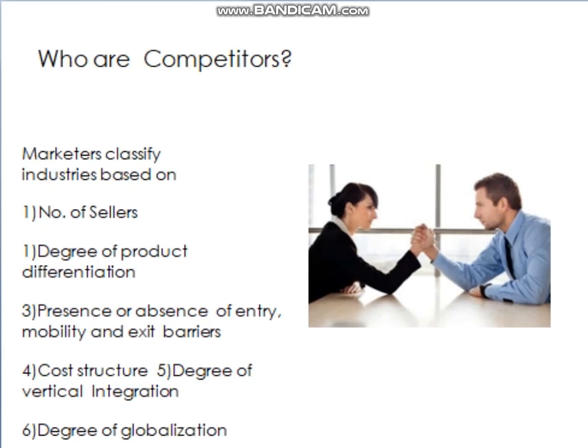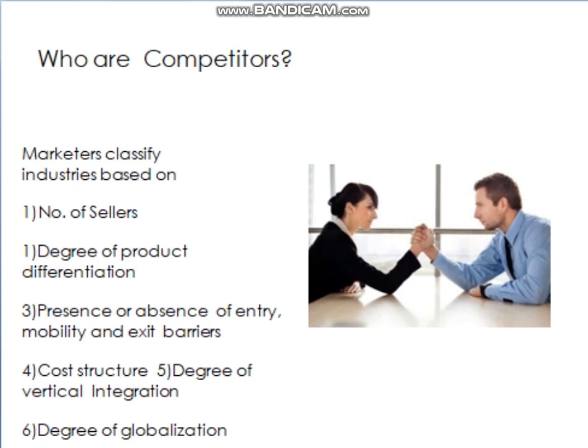First is to identify the number of sellers. The first thing is to identify how many sellers are selling products similar to the product of a particular company, or how many of them are selling a close substitute of the product sold by any typical company. Identifying the number of sellers who have a chance of becoming the competitor of a particular company is one of the things to identify the competitor.